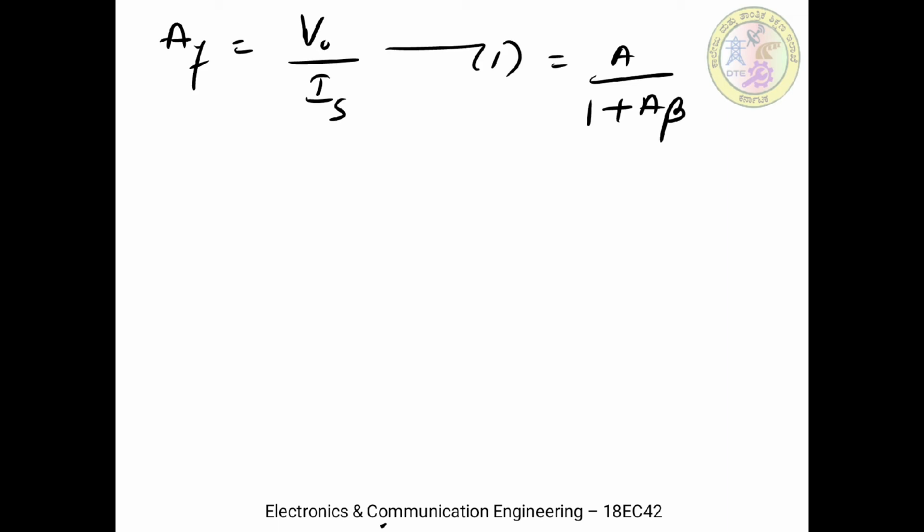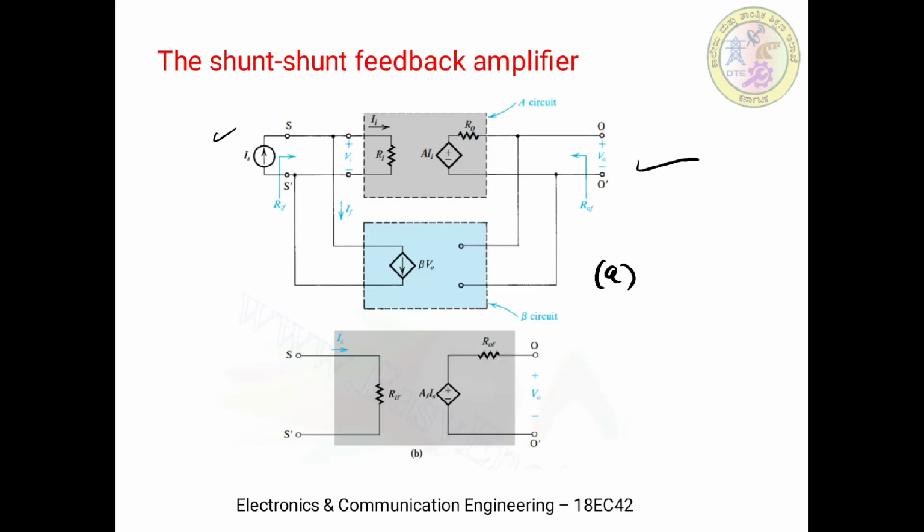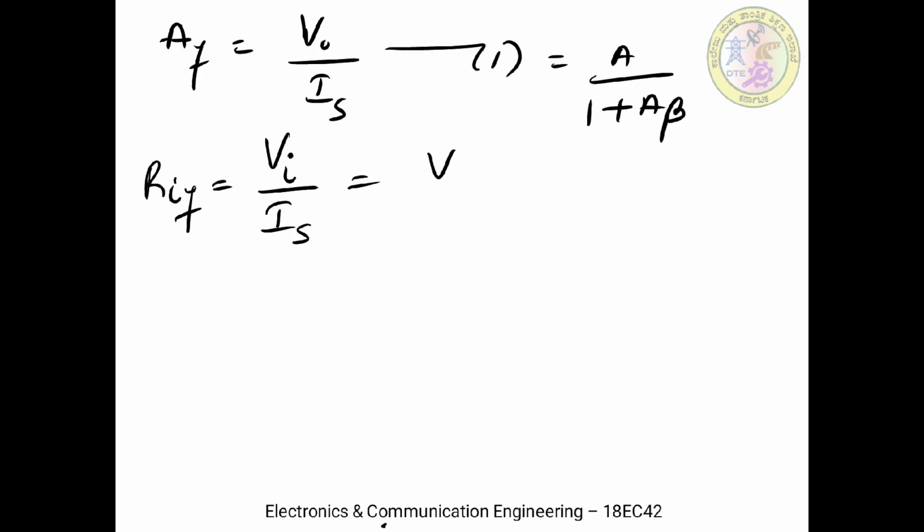So now let us write the input resistance RIF in this case. RIF will be equal to VI divided by IS, where IS is the source input current. But we will have to write the equivalent IS.